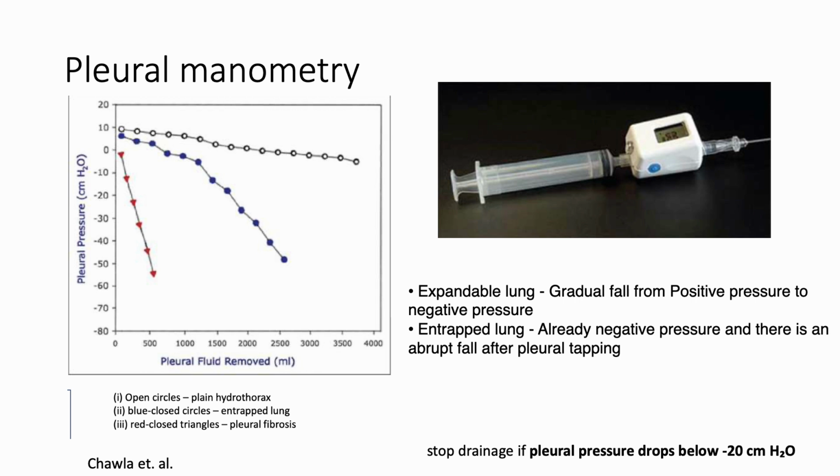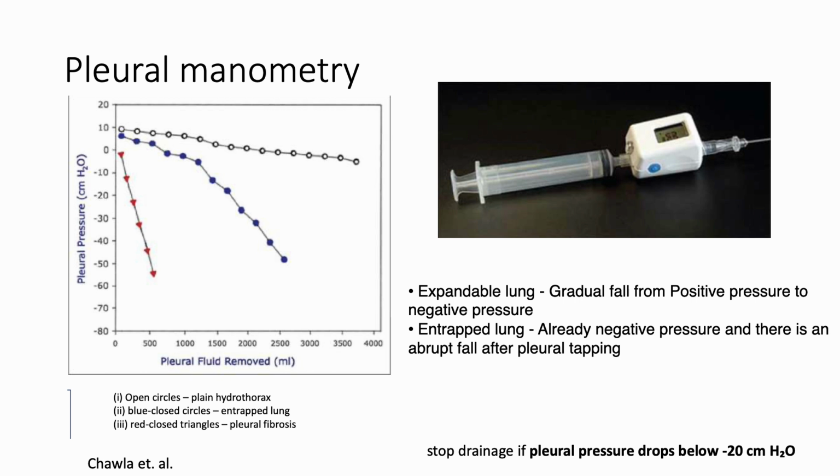We can see in this chart, taken from the study of Chawla et al. from India, the empty open circle, which is the case of plain hydrothorax, shows a gradual fall after the fluid has been removed. There is not an abrupt fall, whereas in the blue closed circle there is an abrupt fall, which indicates the entrapped lung.